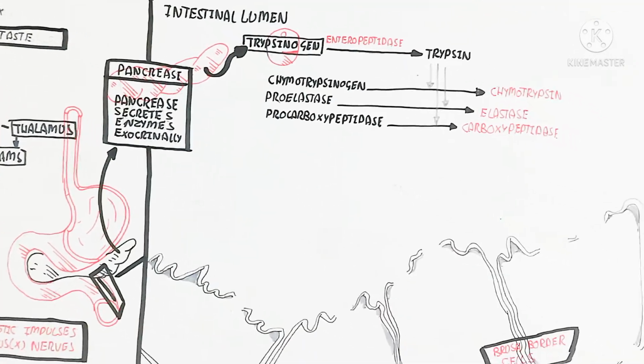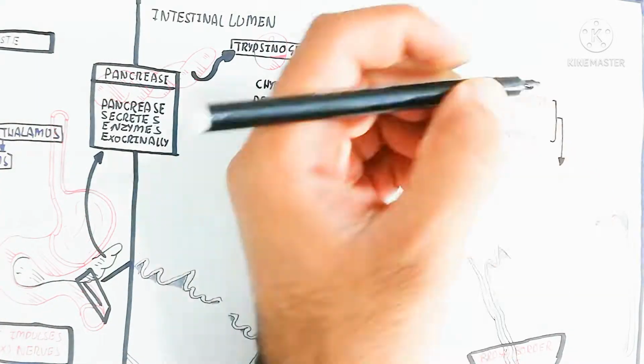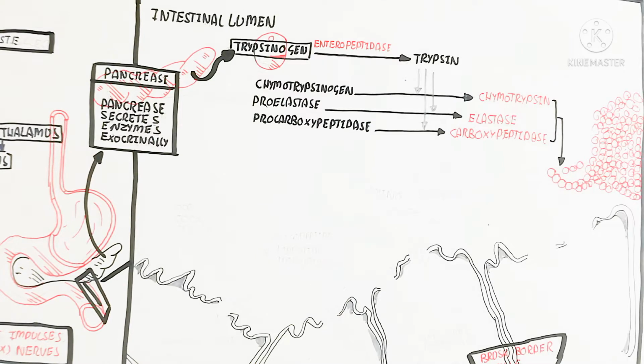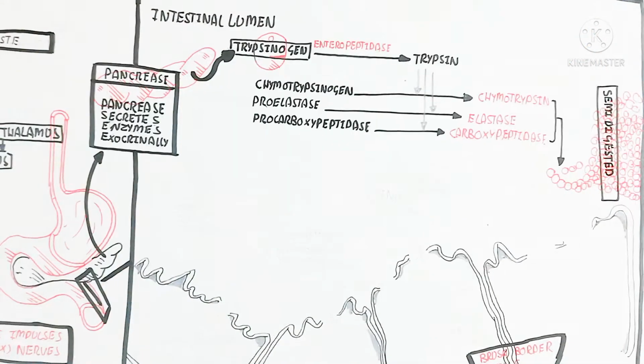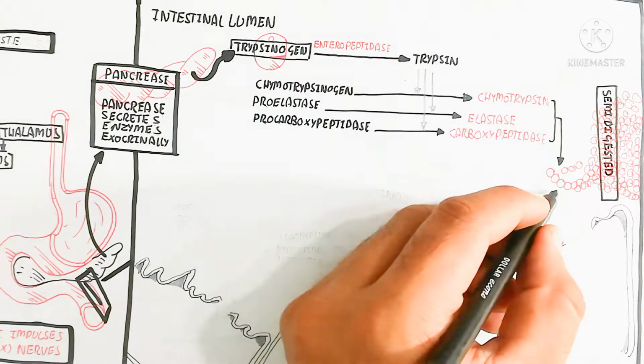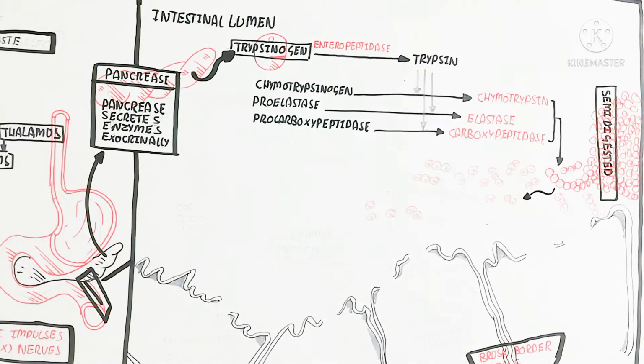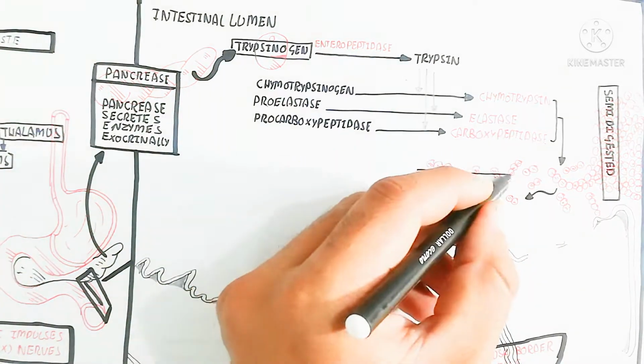In this way the semi-digested protein will begin further digestion. So this long thread of polypeptides is basically digested by these enzymes. After this digestion, the tripeptides, oligopeptides, dipeptides and amino acids will be formed. These are the different types of sequences of amino acids in the form of tripeptides and oligopeptides.